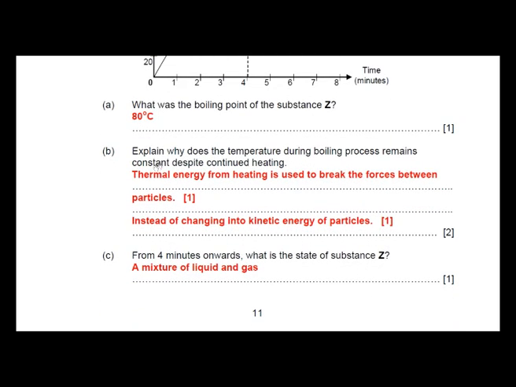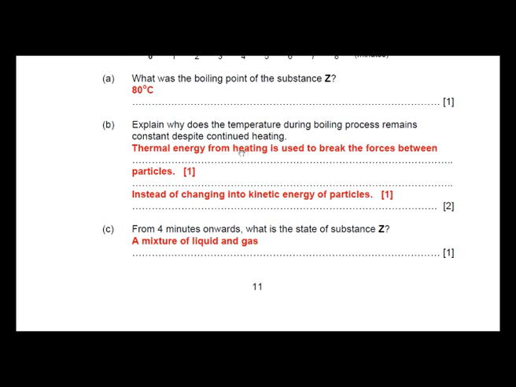For part B, explain why the temperature during the boiling process remains constant despite continuous heating. This is the explanation that you have to make. Thermal energy from heating is used to break the forces between particles. The keywords here are used to break the forces between particles.